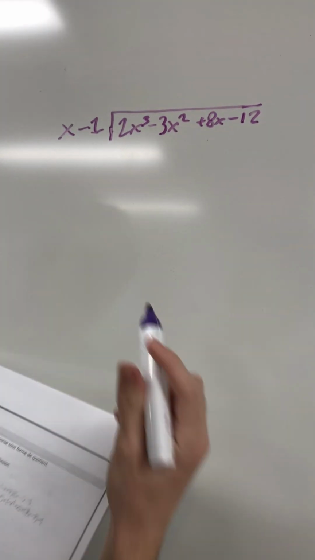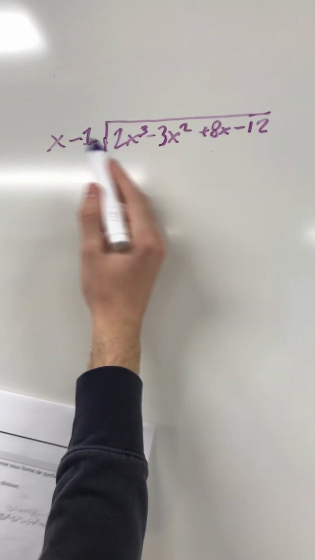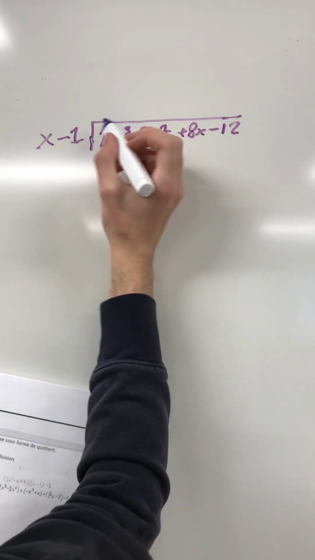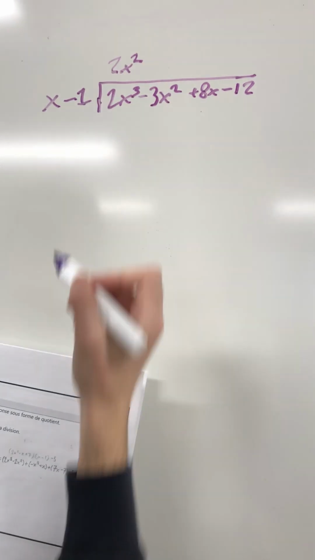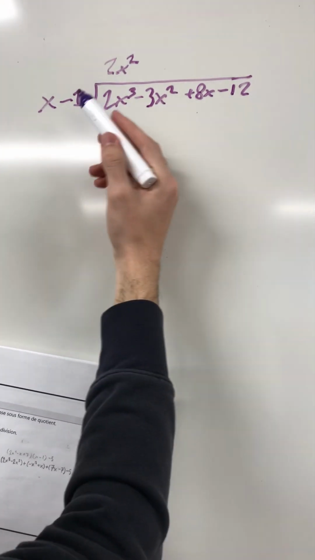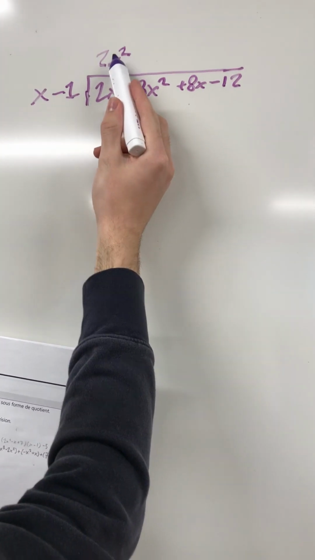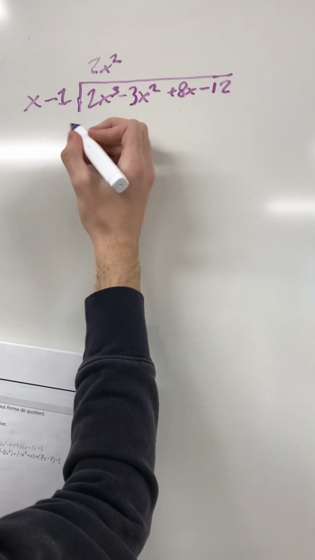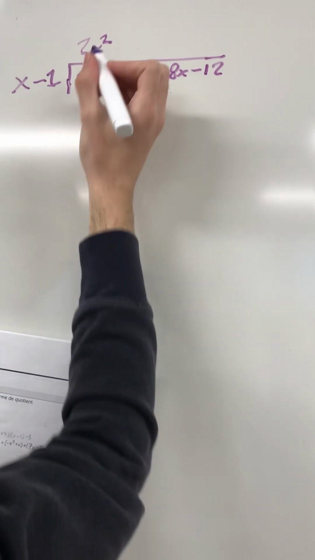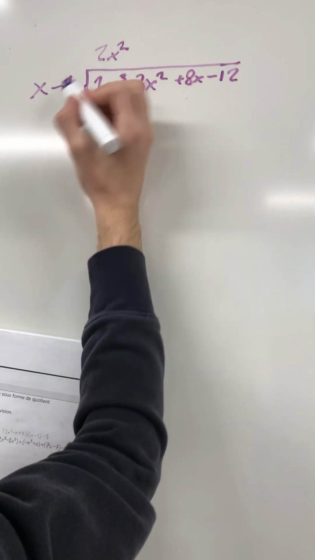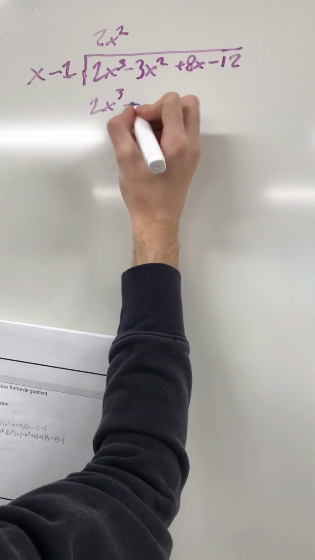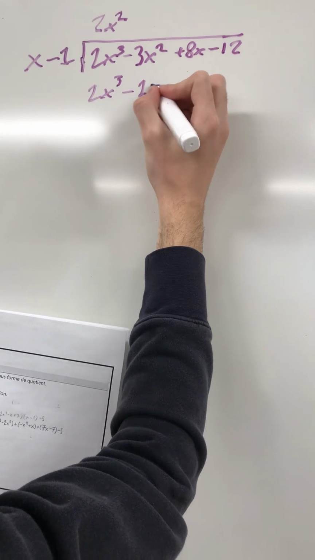Okay, so what you're gonna do, you're gonna divide this by this, and then you're gonna put it up here. That makes 2x. Then you multiply this by this and put it down here. So this times this would make 2x. Then you multiply that by that, which gives you minus 2x.